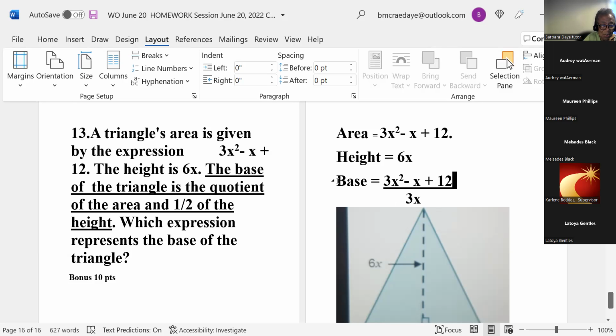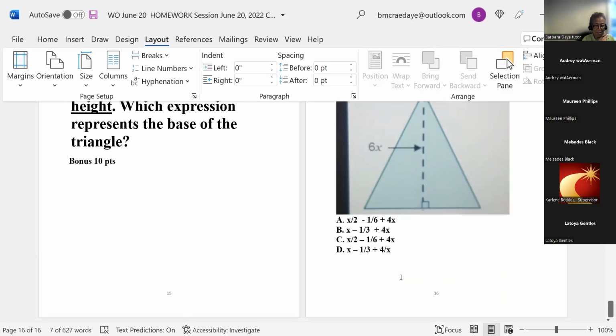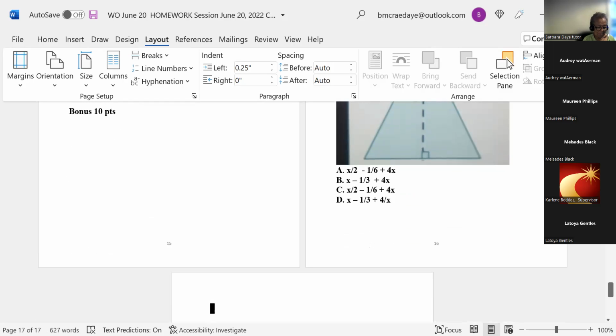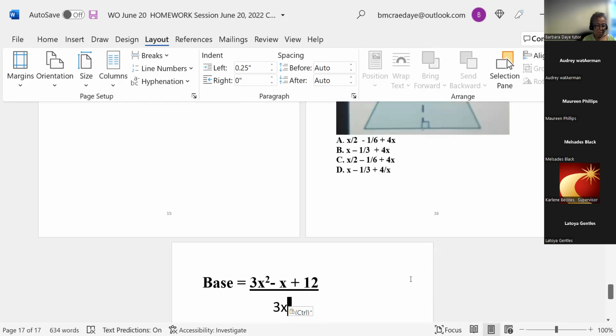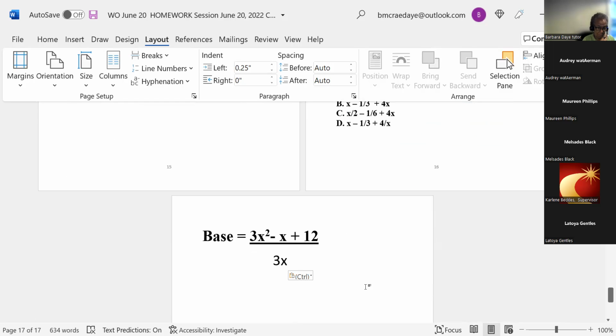Okay, you got this, right? Yeah, I have that, and then I said, that's the part I'm at. I laid it out differently. So I said 3x squared minus x plus 12 over 3x. So I said it's equal to x minus 1/3 plus 4 over x.